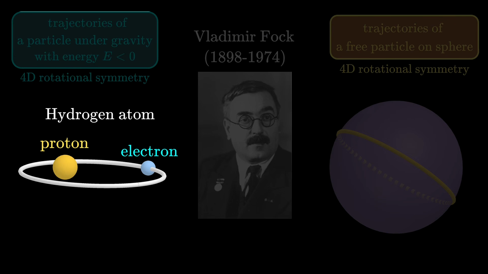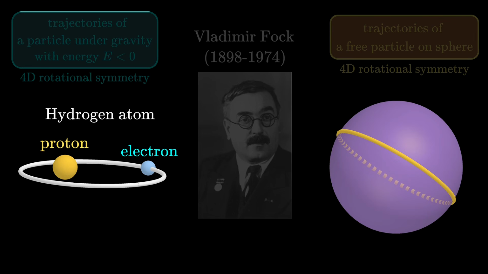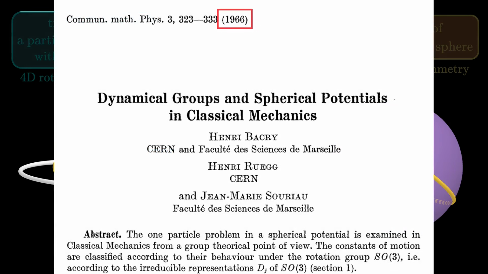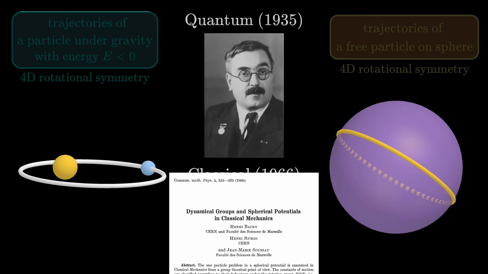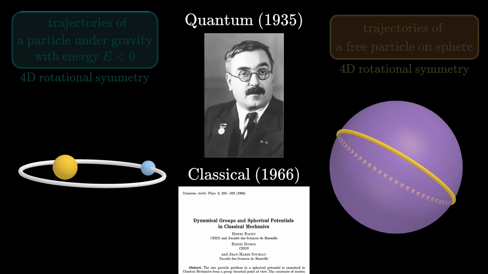Fock discovered that this is equivalent to solving the free electron wave function on a 3-sphere, which is actually easier. The classical version wasn't explicitly mentioned until 1966, so it's a weird case that the quantum analog was found before the classical one.